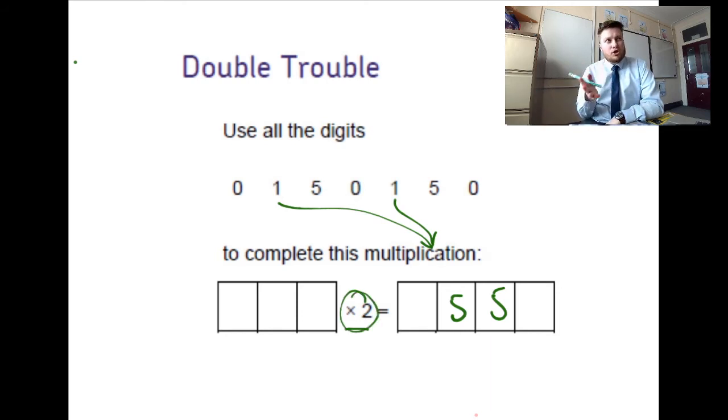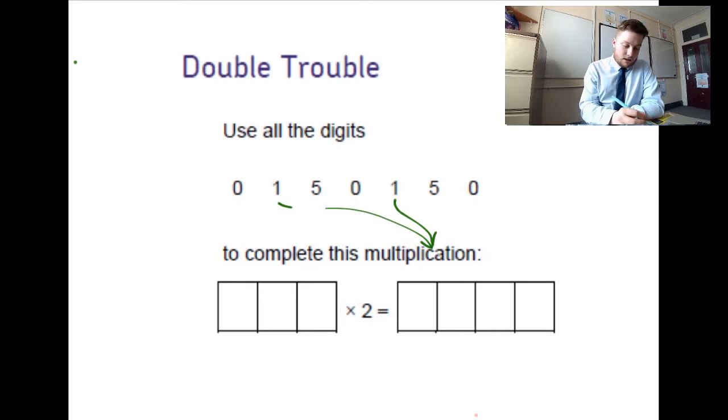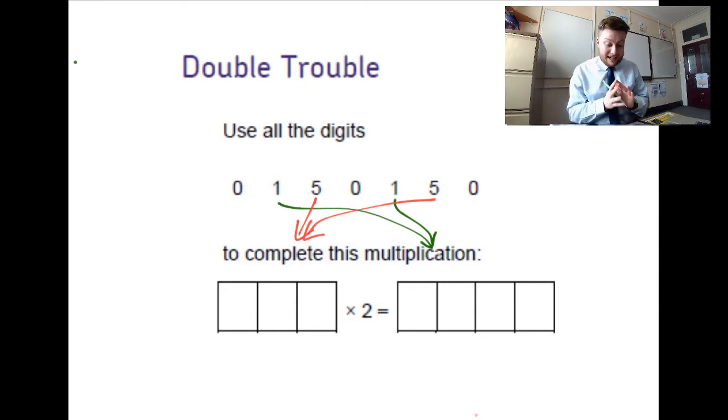Well, that would have to be 2.5, and we don't have any 2s in the digits again, so we can't possibly have the 5s being in the second number. So the 2 5s must go in the first number. That should make it a little bit easier. If the 5s have to go in the first number and the 1s have to go in the second, it should be quite a lot easier to work it out.